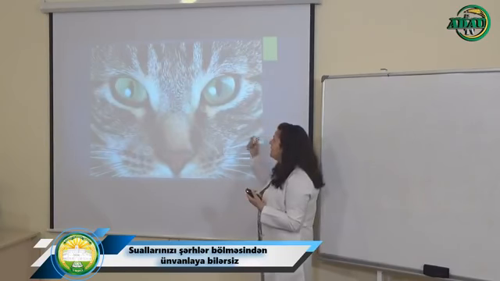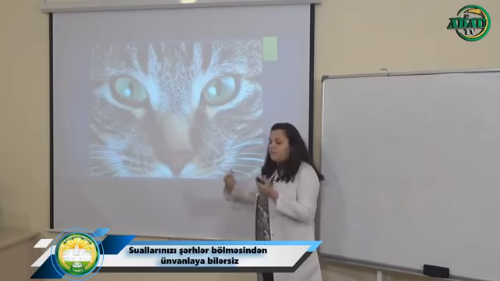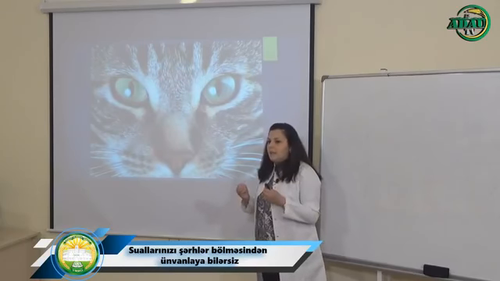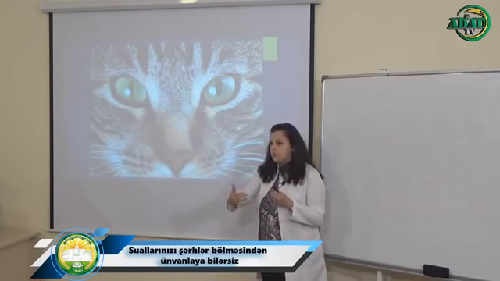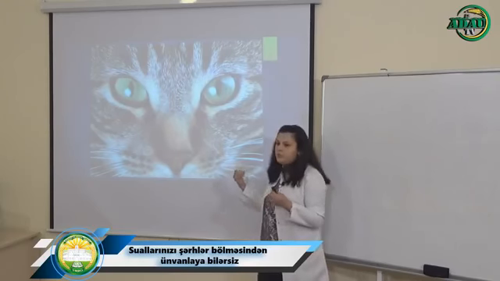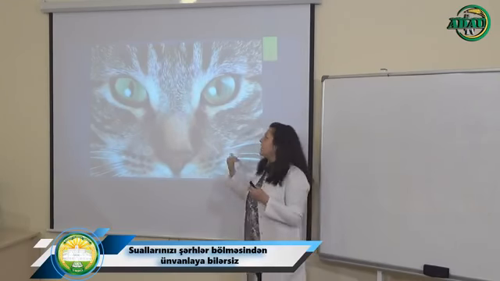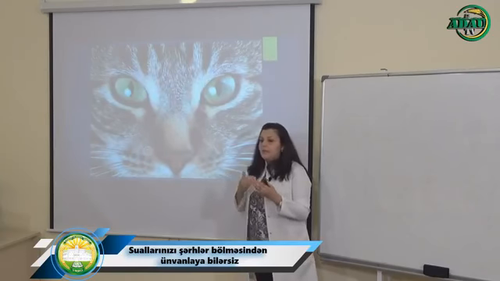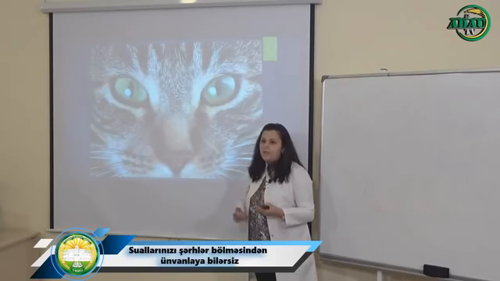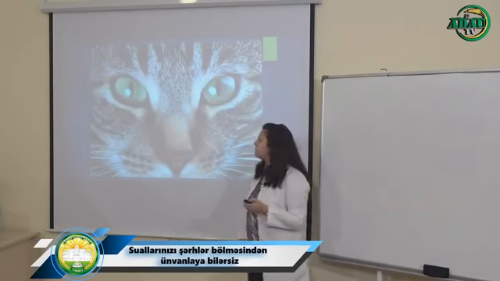The vertical slit eyeball provides a more clear and more exact determination of the distance to the prey. So these animals, because they are predators, by contraction of these pupils can more clearly determine the distance from them to the prey.